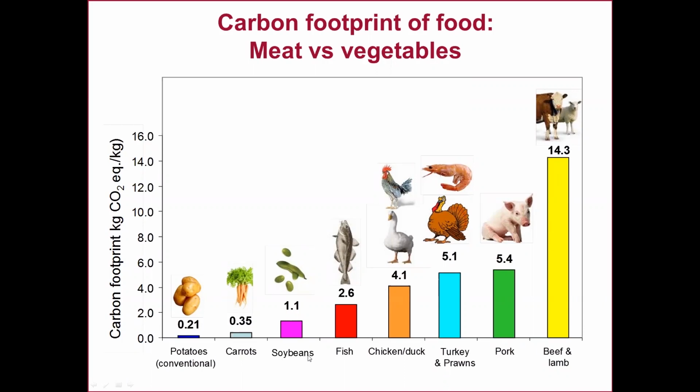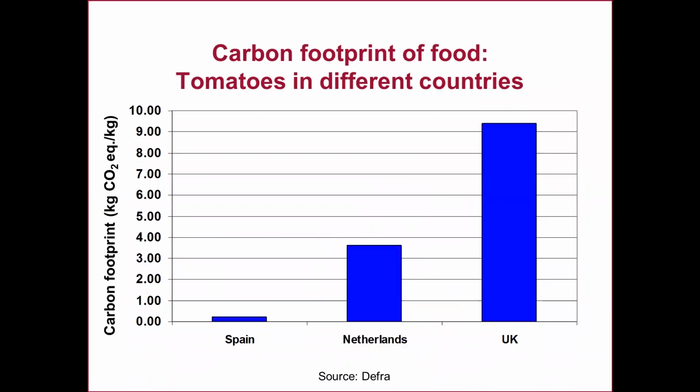But if we look at the vegetables, they have much lower emissions from their cultivation or production. However, for vegetables, it varies depending on the cultivation method and where it is being cultivated. For example, if tomatoes are grown in Spain in an open field in the summer, they have a carbon footprint of around 0.3 kilogram per kilogram.